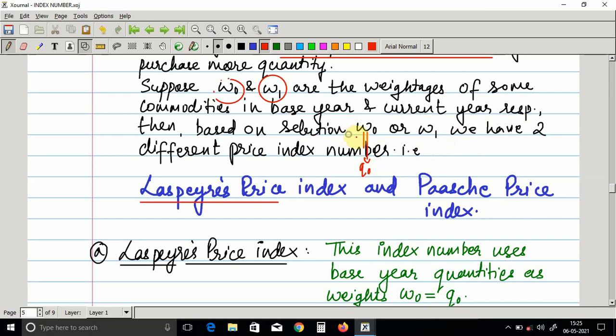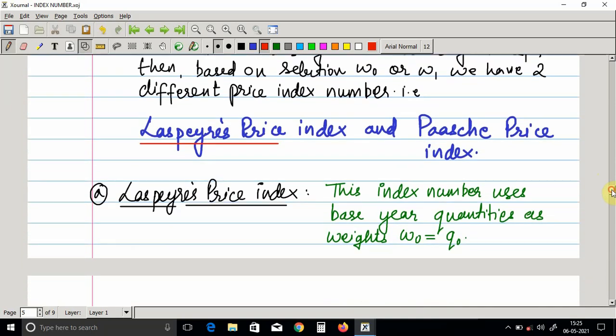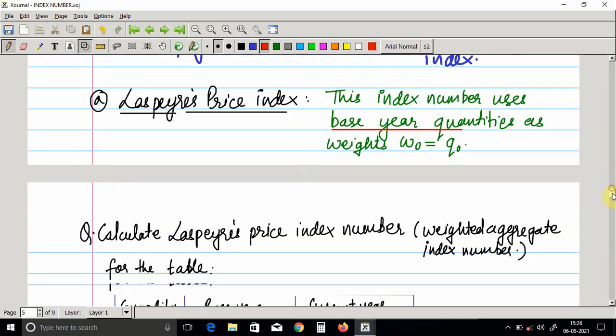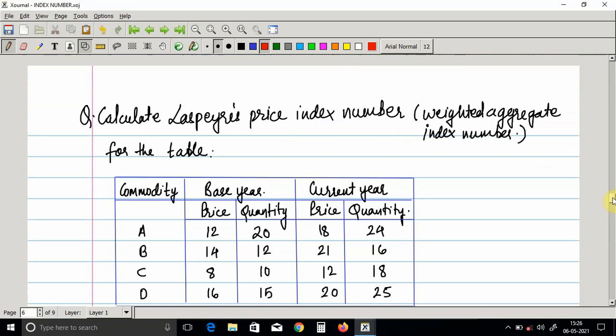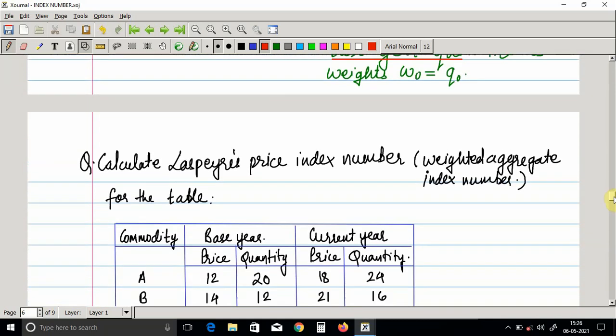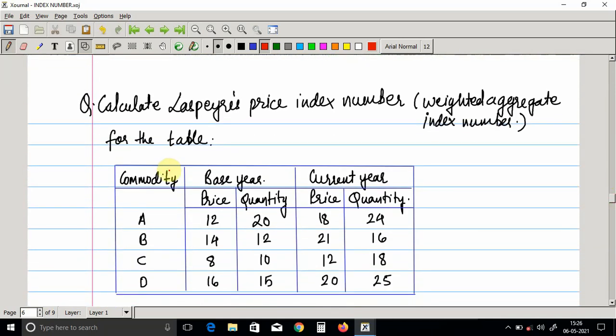So if your calculation is with respect to the quantities or weights connected to the base year, it is called Laspeyres price index. So the Laspeyres price index uses base year quantity as the weightages. Okay, we have a question directly.